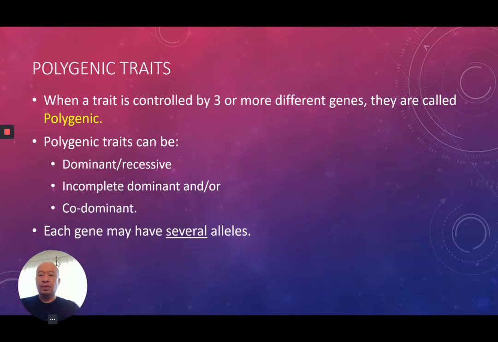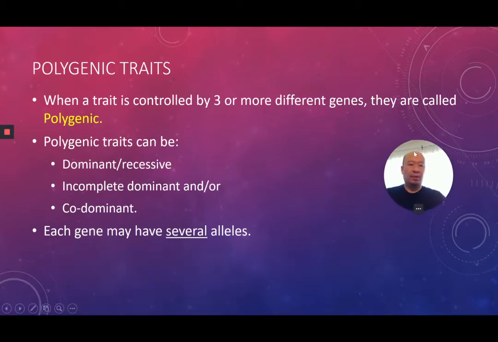When each of these genes are involved, there could be several different alleles or different versions of this gene. Okay, so if you think about eye color, it is controlled by several separate genes on different chromosomes. Here you have something similar, where you have several different genes on many different chromosomes that affect the outcome of one particular trait.